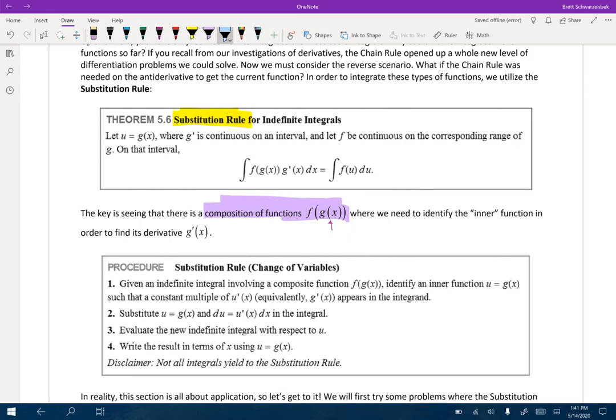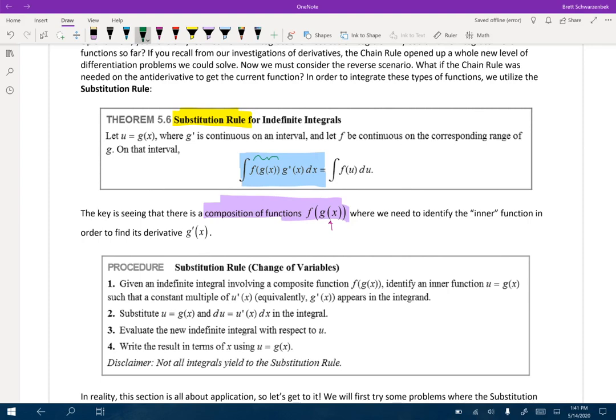Well, if you look at the formula right here, you'll see that what I'm going to be doing is taking the antiderivative of some composed function like this. But it will turn out that the derivative of the inner function will also be present in some form, and this will allow us to complete the structure of it and actually be able to find the indefinite integral or the antiderivative.